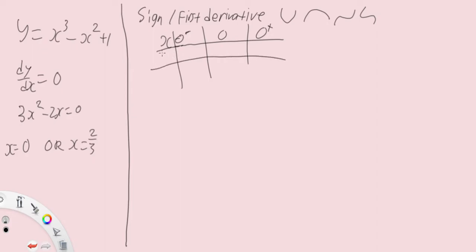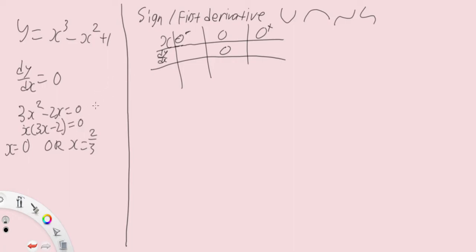Next column, what do you write? Since it's the first derivative test, dy/dx. And because it's also the sign test, we're looking at the sign of the gradient. At 0, we know that dy/dx is 0, so it's 0. If x is less than 0, what will be the sign? Looking at the derivative again, it is x(3x minus 2).